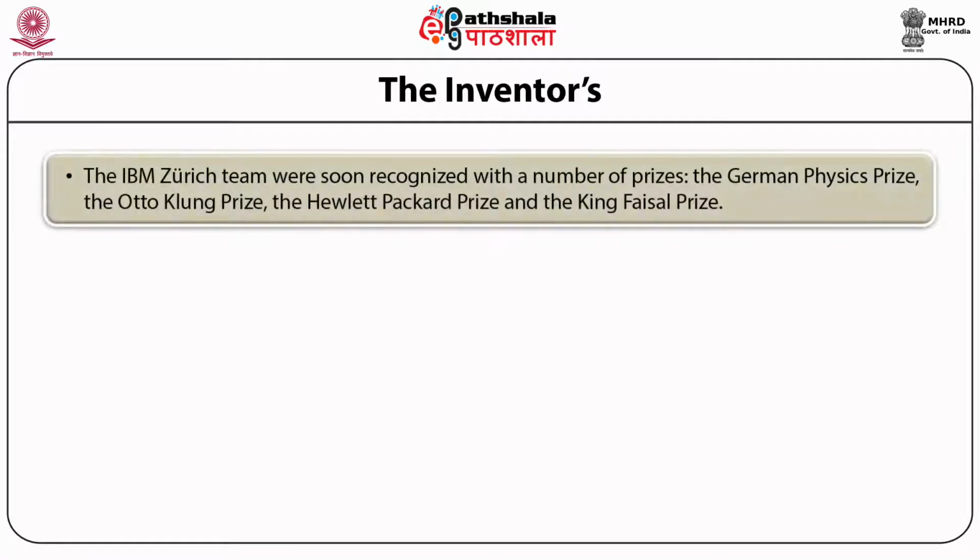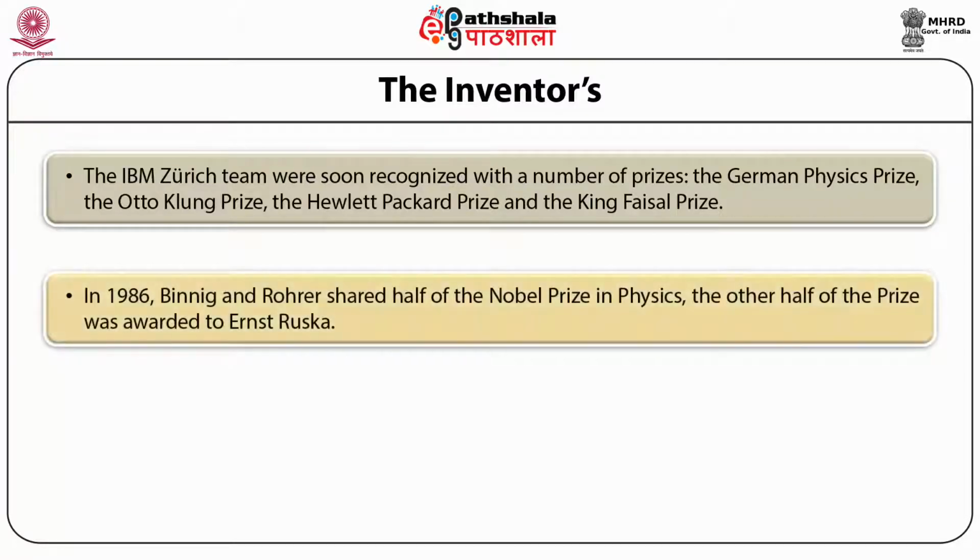The IBM Zurich team were soon recognized with a number of prizes, which included the German Physics Prize, the Otto Klung Prize, the Hewlett-Packard Prize, and the King Faisal Prize. In 1986, Binnig and Rohrer shared half of the Nobel Prize in Physics.